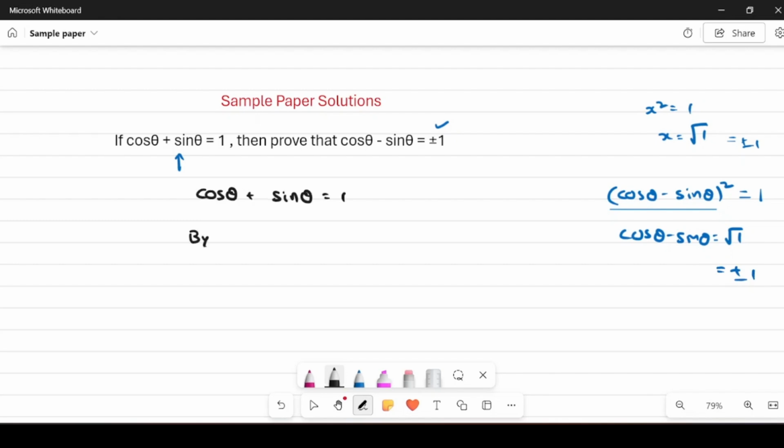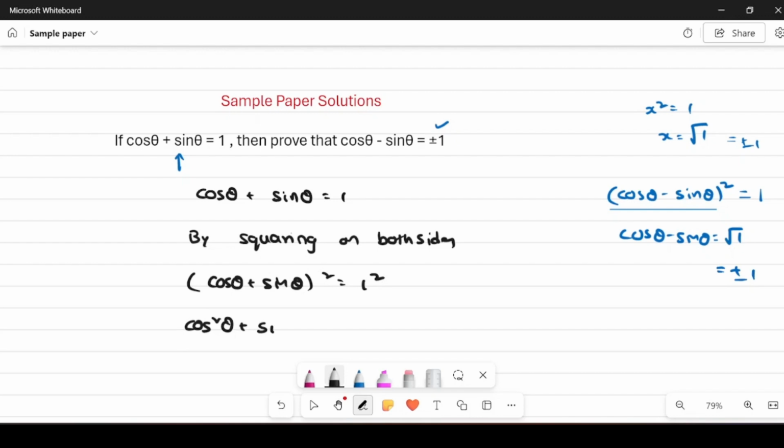By squaring on both sides, we get cos theta plus sin theta whole square is equal to 1 square, which is 1 itself. So now this is in the form of a plus b whole square: a square, cos square theta, plus b square, sin square theta, plus 2, a is cos theta into b is sin theta, is equal to 1 square is 1.